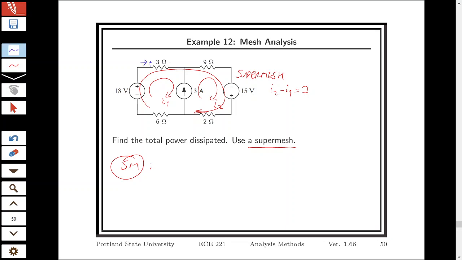So I shall write down a KVL equation in the supermesh. Let's assign voltages and currents. So minus 18 plus I1 times 3 plus I2 times 9 minus 15 plus I2 times 2 plus I1 times 6 equals 0.